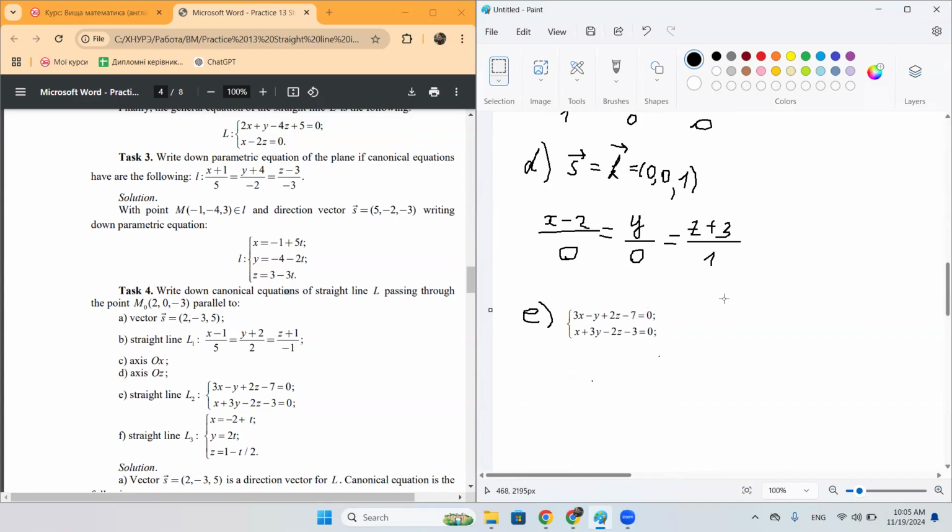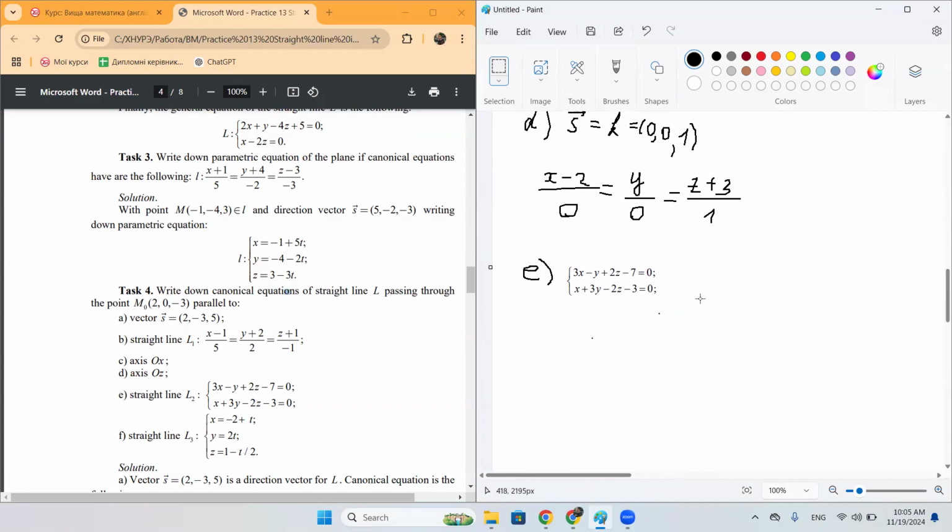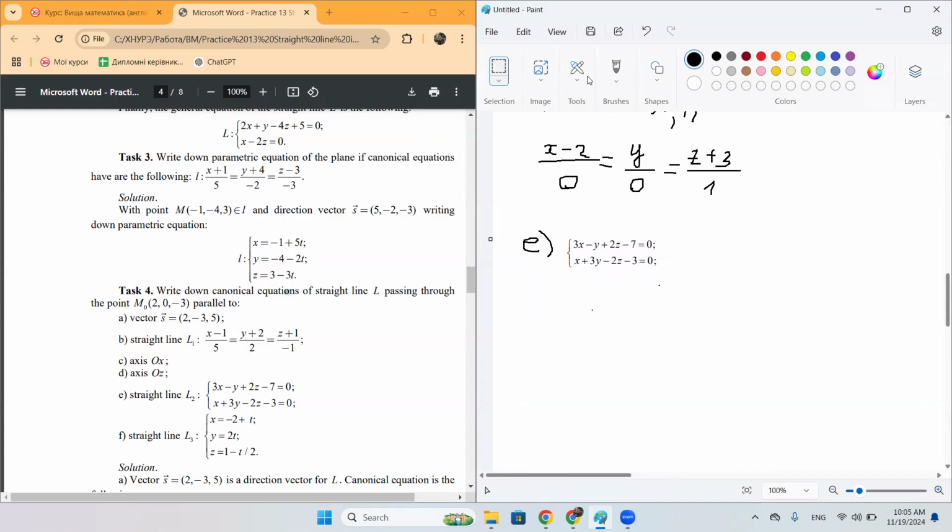Please remind me. How to find the direction vector if we have the general form? Okay, so it can be found as the cross product of the normal vectors of these planes. So let's find it.